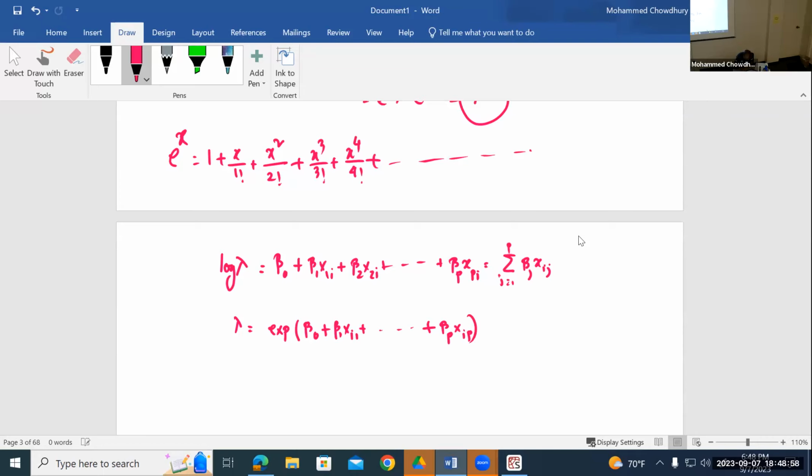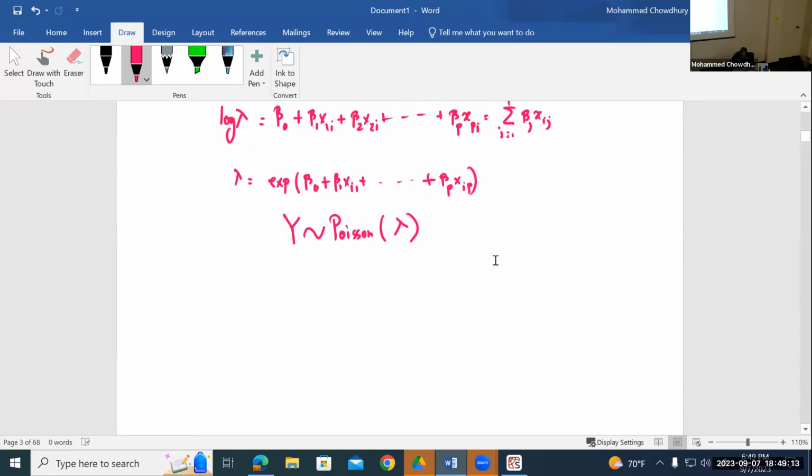And I want our dependent variable, the response variable y, to follow a Poisson distribution with parameter lambda.